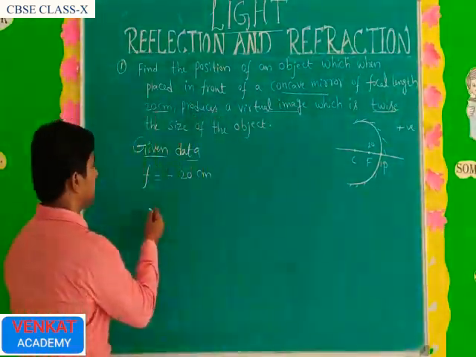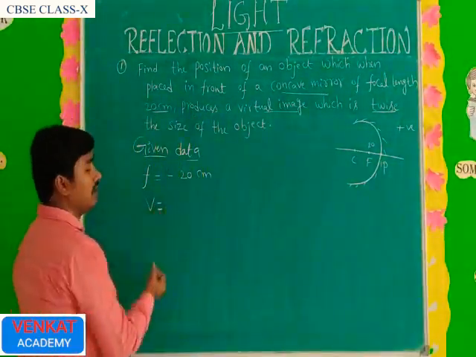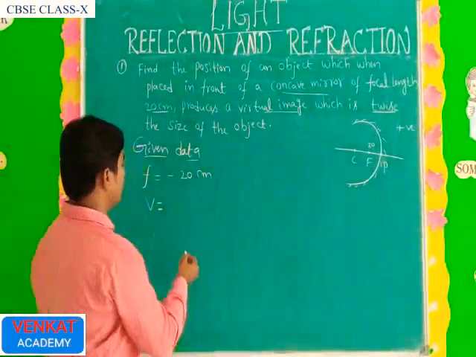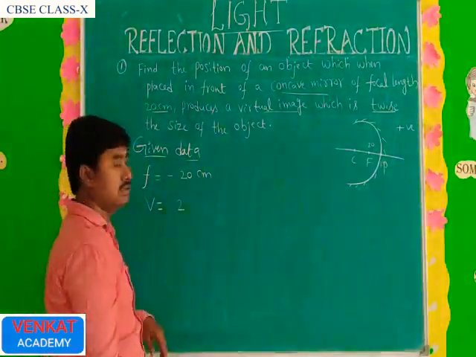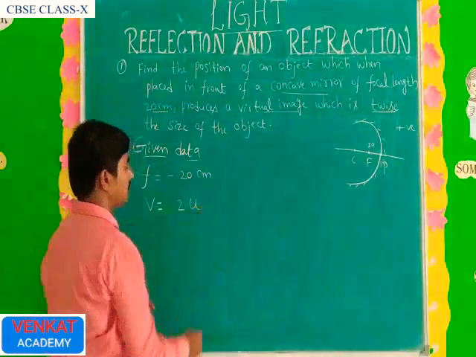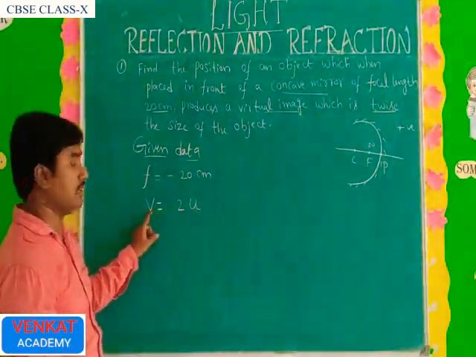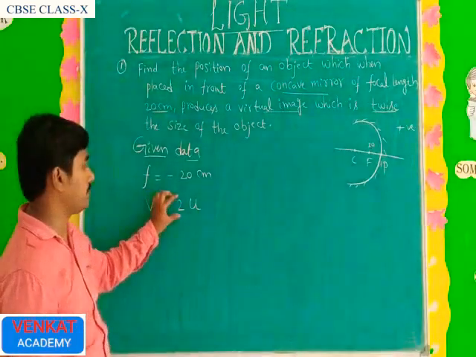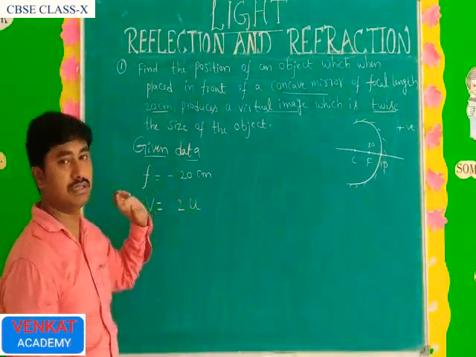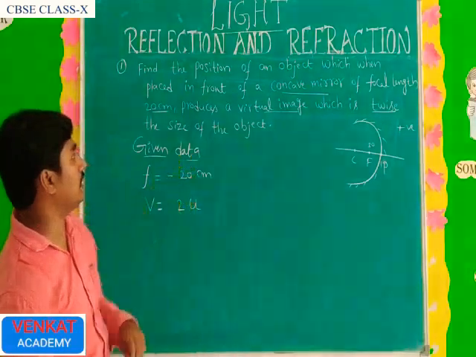Means the image distance v is 2 times the object distance.